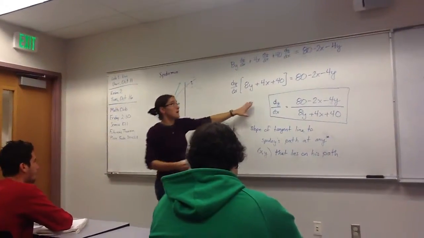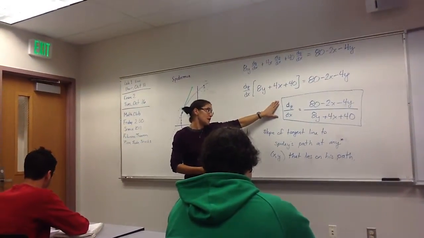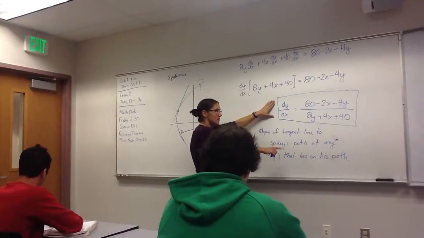All right, so we're not quite done with the problem, though. This is our slope of the tangent to Spidey's path at any x, y that lies on his path.